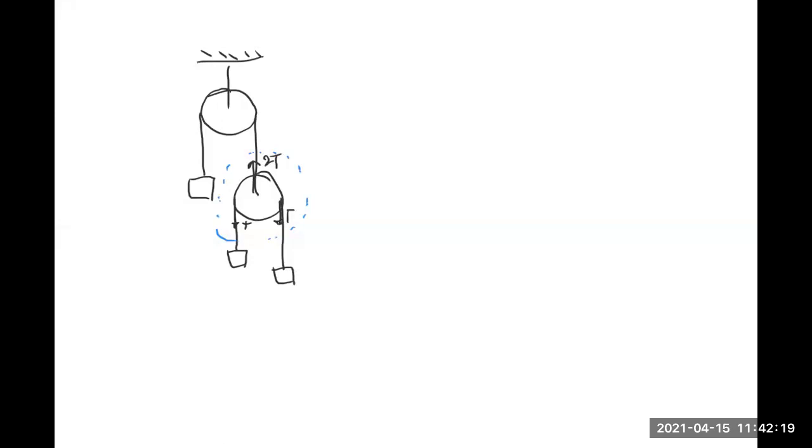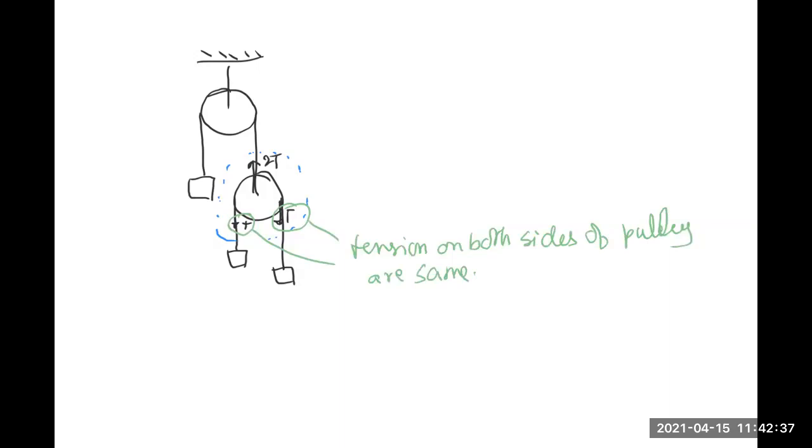Number one is that we are assuming that tension on both sides of the pulley are same, right? And this was a very simple thing that I had taught you, that if the string is same, then the tension is same throughout, irrespective of however many pulleys it goes upon, right?